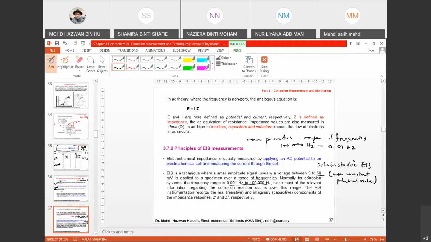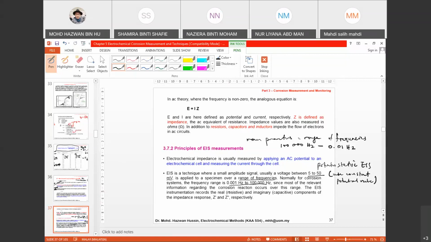Since most of the relevant information regarding the corrosion reactions lies over this range, the EIS instrumentation records the real and also imaginary components of the impedance response. So that is why you get Z prime and Z double prime. When you do EIS, you get a response. When you do PD, you get a response of current. When you do LPR, you also get a response of current at different potential.